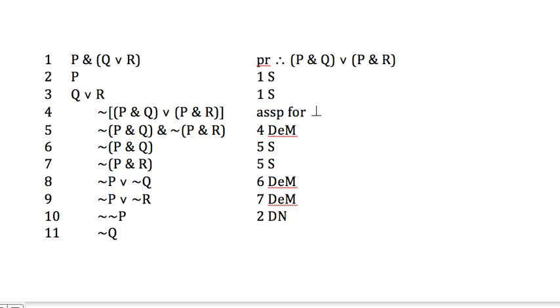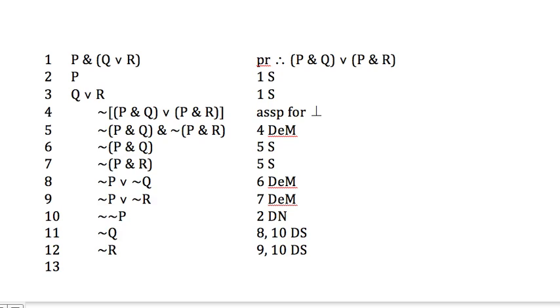That comes from 8 and 10 by disjunctive syllogism, and we can get not R the same way. It's going to be 9 and 10 disjunctive syllogism this time. And now we're almost there.